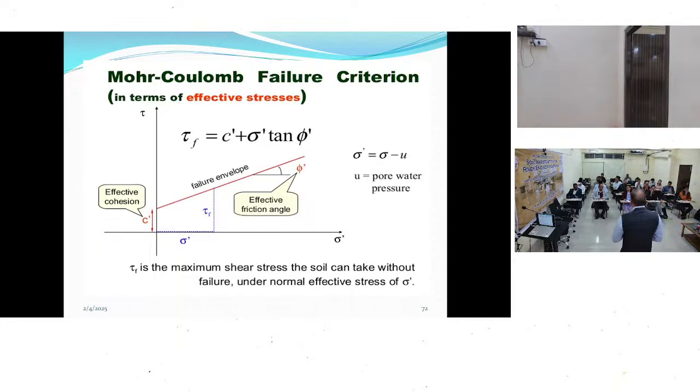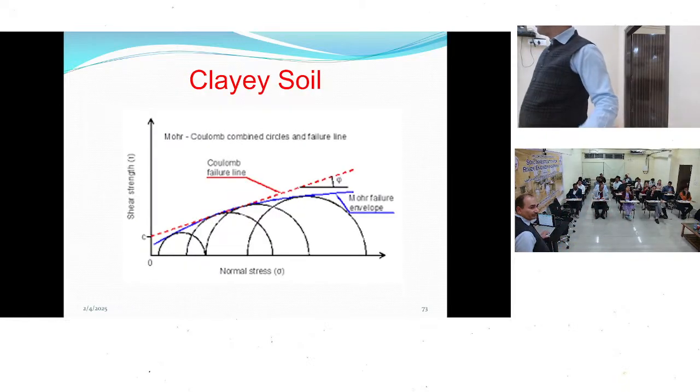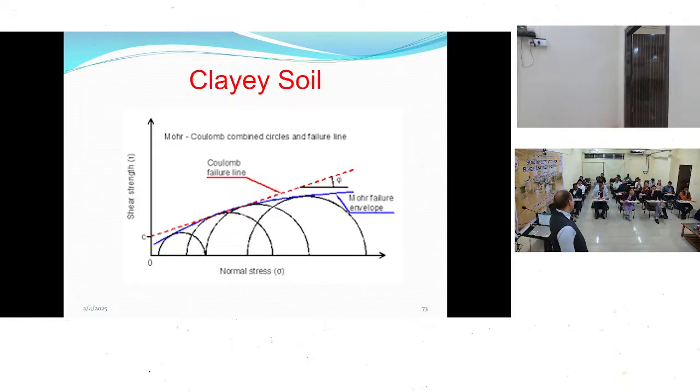But this is only applicable to non-cohesive soil and sandy soil. For cohesive soil this is not correct; the failure envelope is not straight. In sandy soil we can say the failure envelope is straight.